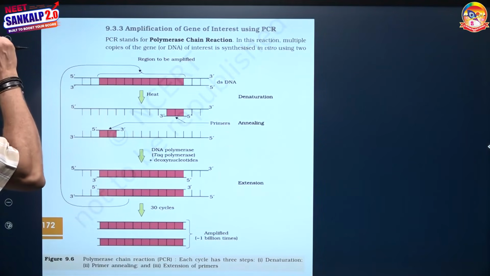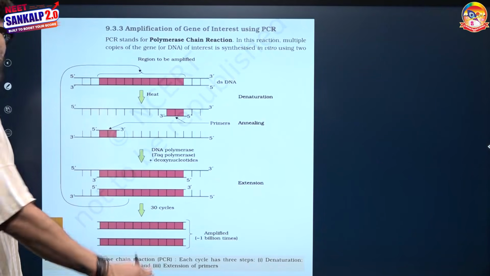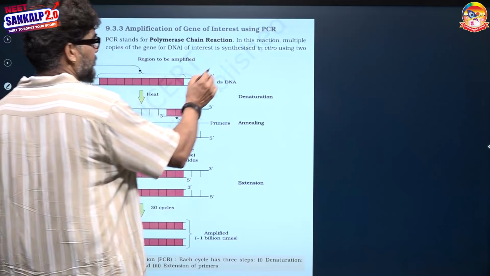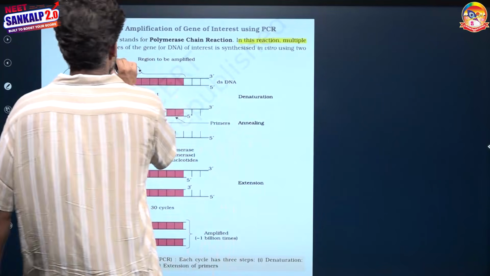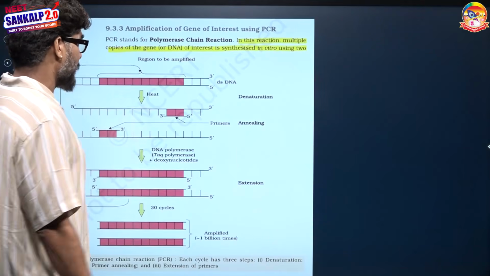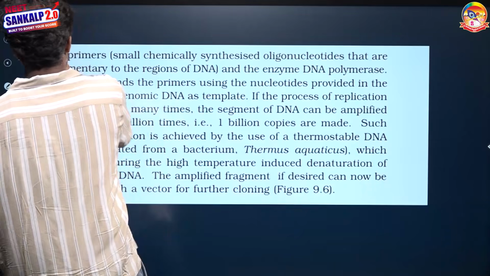Here PCR, polymerase chain reaction, is also mentioned. Just keep the points. It is the process of in vitro DNA replication. In this reaction, multiple copies of the gene of interest are synthesized in vitro by using two sets of primers.